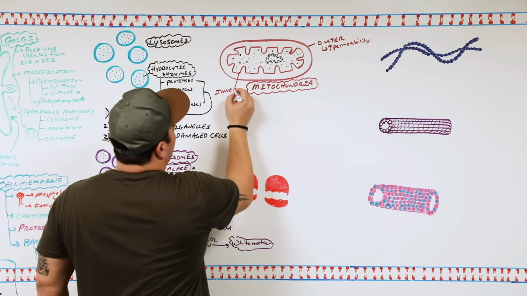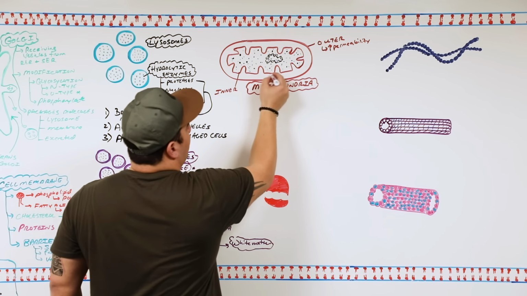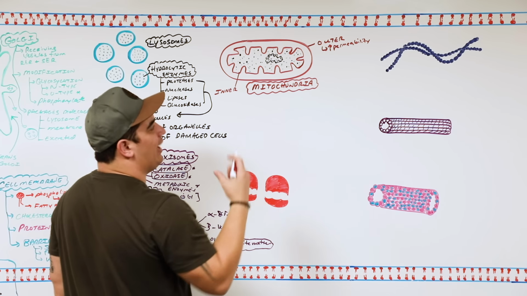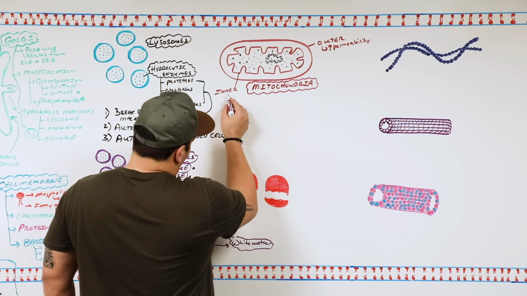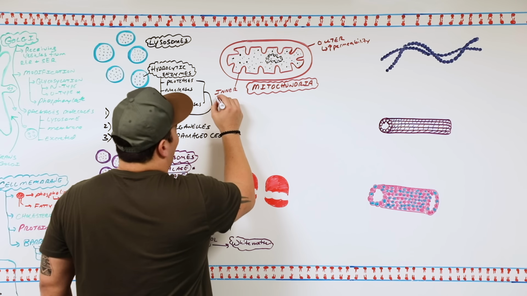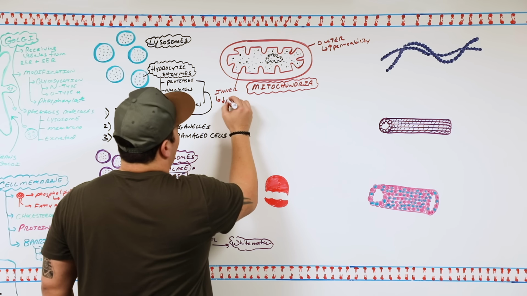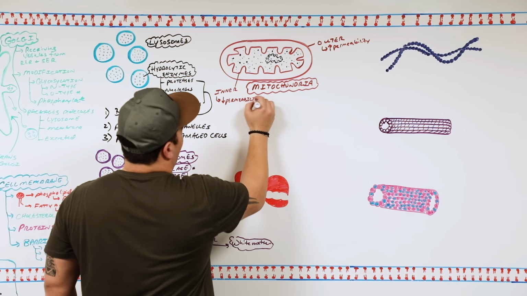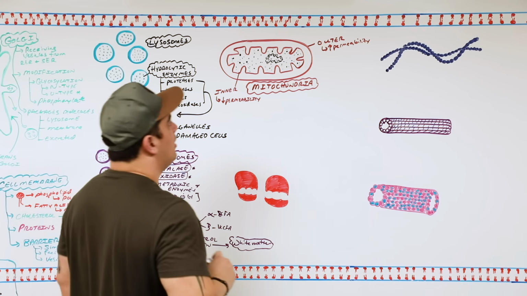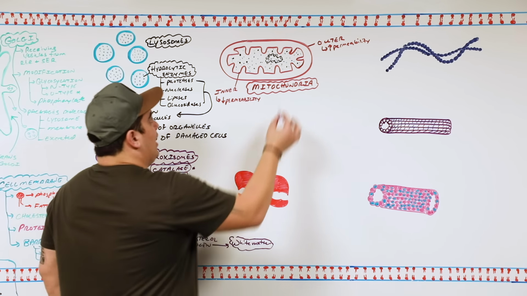And usually on most cells, we call the folding of this inner membrane the cristae. We call it the cristae of the inner membrane. Now, this inner membrane has less permeability. It's less permeable to the transport of different types of molecules going in and out of it. Okay? So that's the basics.